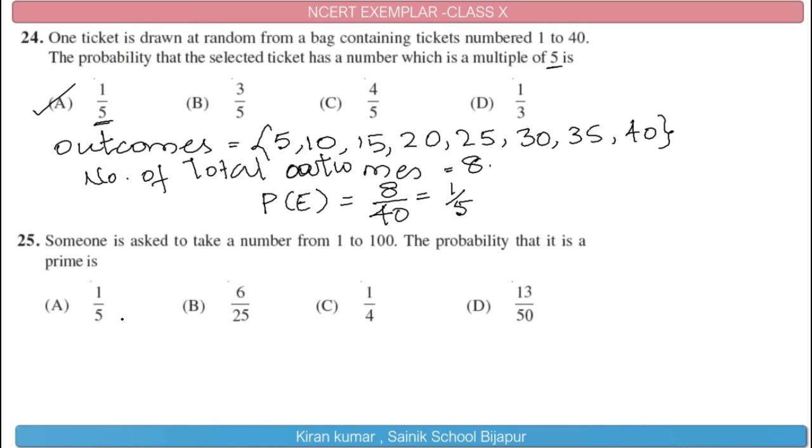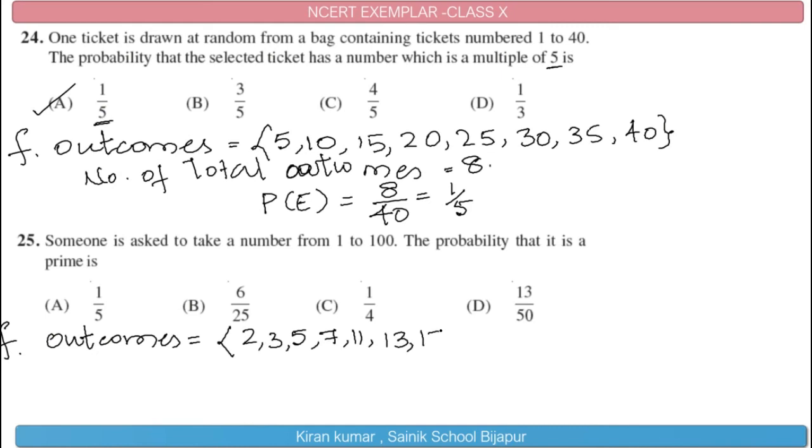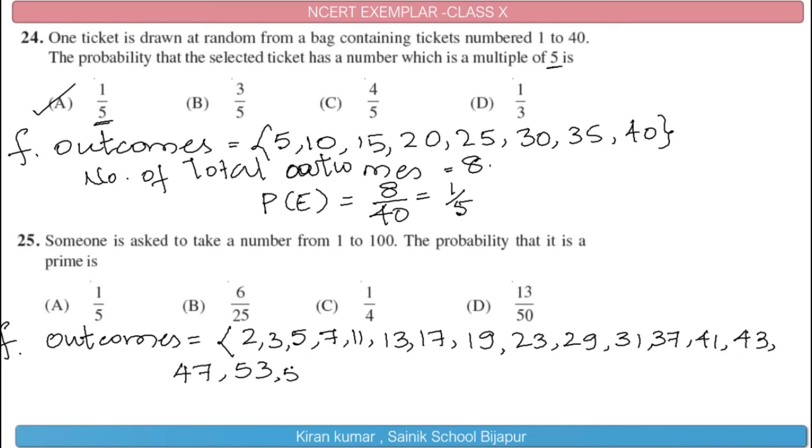We need to identify the prime numbers between 1 and 100. The favorable outcomes are 2, 3, 5, 7, 11, 13, 17, 19, 23, 29, 31, 37, 41, 43, 47, 53, 59, 61, 67, 71, 73, 79, 83, 89, and 97.